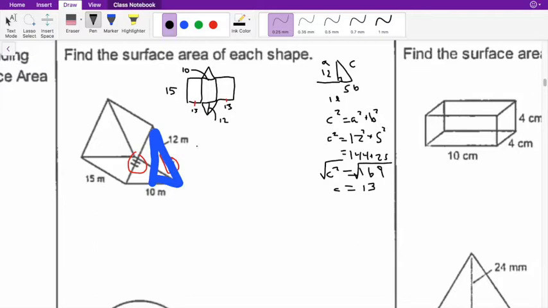So the way I think about this is, let's mark these. I have two of these triangles, so two of those rectangles, one of those, and two of these. So let's start with this. This is going to be length times width, and this is 13 times 15.